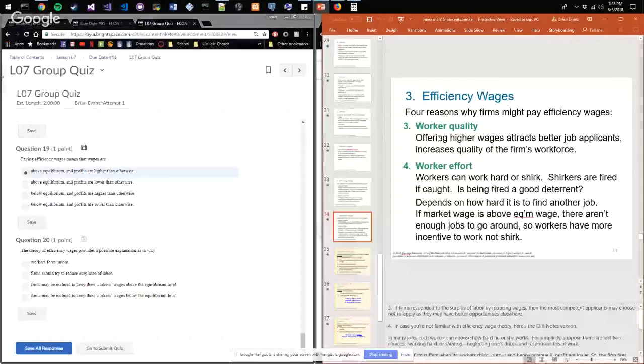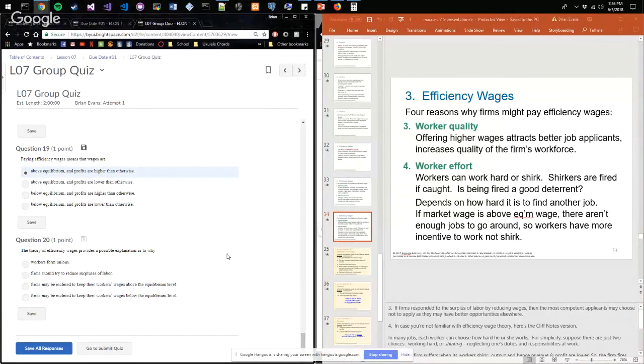Okay, cool. So last one, the theory of efficiency wages provides a possible explanation as to why workers form unions; firms who try to reduce surpluses of labor, firms may be inclined to keep their workers' wages above the equilibrium level. I mean, I could see, because that's what efficiency wages are.